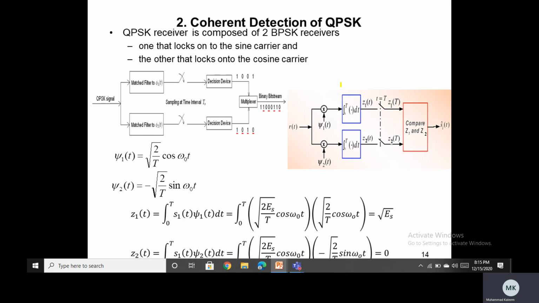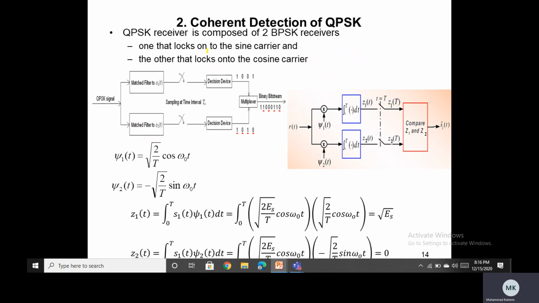Now look at the coherent detection of QPSK. Previously we were looking at BPSK. QPSK is like two BPSK signals at the transmitter side, and likewise at the receiver side the QPSK receiver is composed of two BPSK receivers as well.